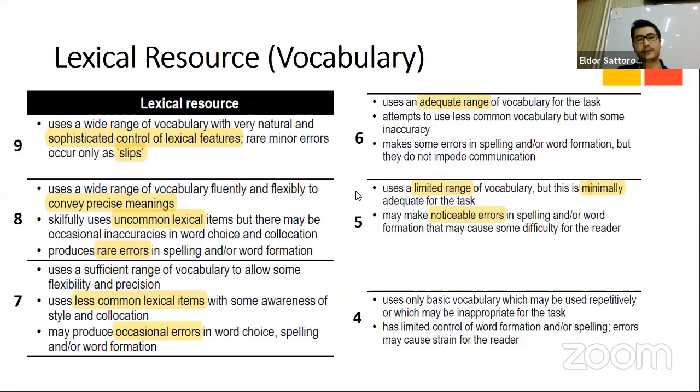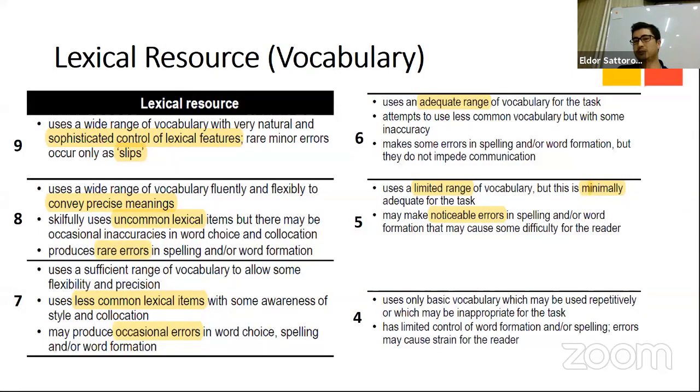Okay, the 0.5. We're looking at this because a lot of the time people start at this point. It uses a limited range of vocabulary. Limited range means we cannot talk about different topics, and you cannot use different vocabulary according to the context. For example, if you're talking about the environment, I know a couple of words about the environment, but no more than this.